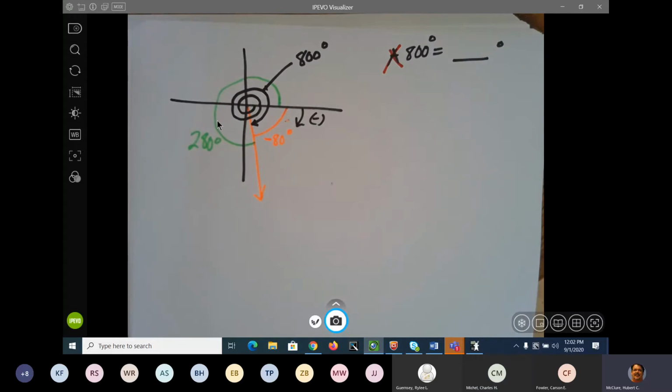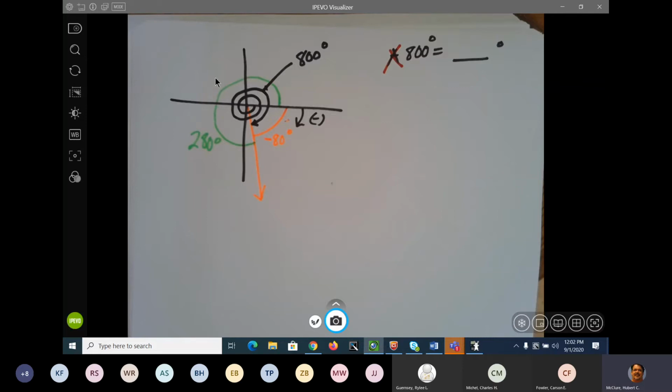Try to give me the reference angle. If you accidentally give me negative 80 degrees, I probably will fuss at you, but I'll probably give you the answer. But that's why you have 3 chances on the test. If you get that wrong, you know why you got it wrong. You typed in the negative 80 instead of the 280.